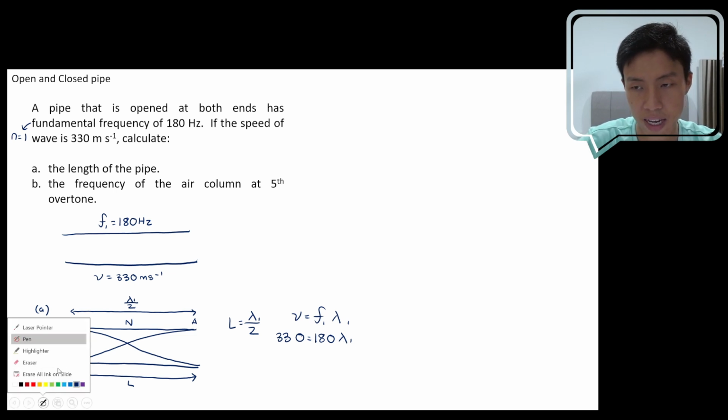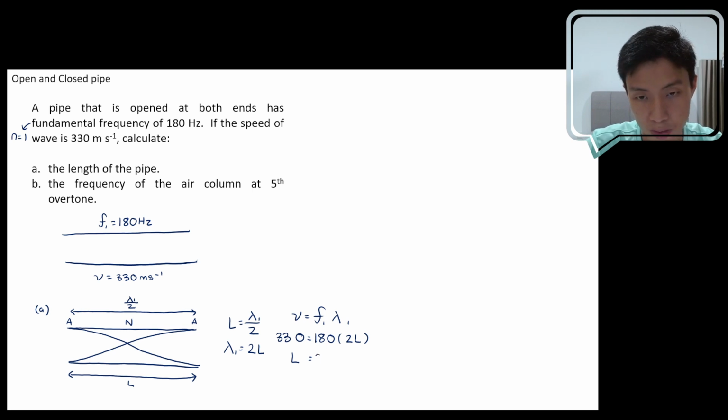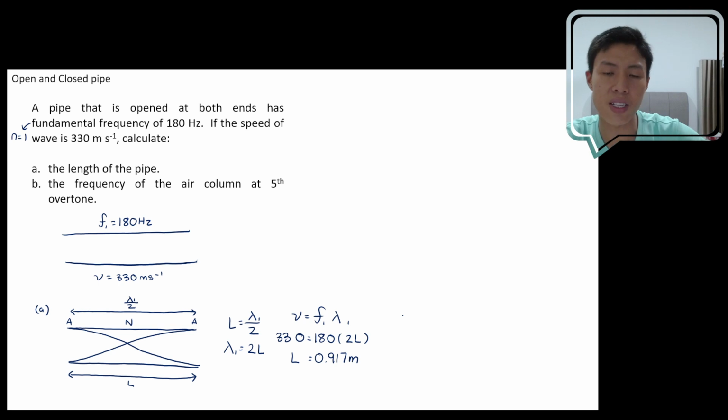We are asking for the length of the pipe. So we can do a bit of substitution. Lambda 1 can be replaced by 2 times the length of the pipe. So you put 2L inside here, and then you can find the length of the pipe. The length of the pipe will be 0.917 meters. A fairly straightforward question.